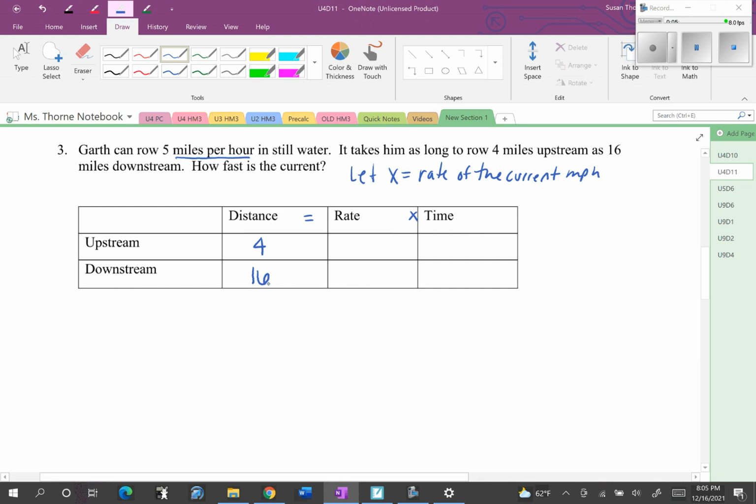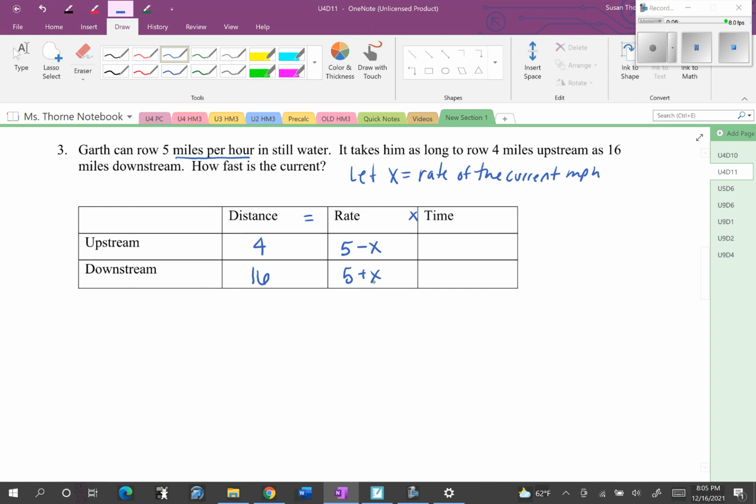So if we're going upstream, that means the rate is going to be 5 minus x, because we're trying to find the rate of the current. And downstream, our rate would be 5 plus x, because if you think you're going downstream, you're going to be moving at a faster rate, right? So that's why we're adding the x here. When you're going upstream, you're going against the current, so 5 minus x.